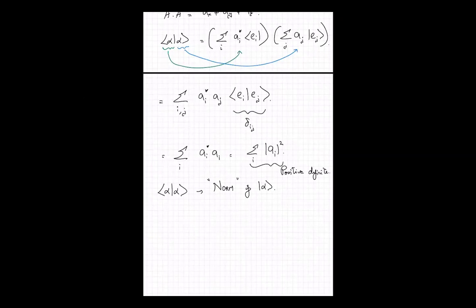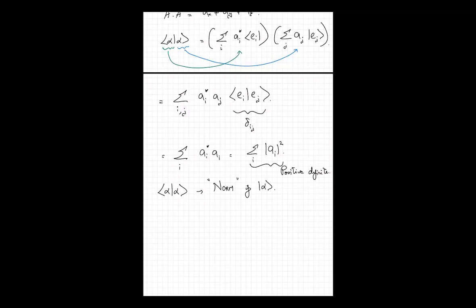It cannot be negative, and it cannot be complex because ai star ai is always real. So this gives us the interpretation of the norm of the vector as an extension of the concept of the length of a vector, because the length of a vector in ordinary three dimensions is always a positive quantity.